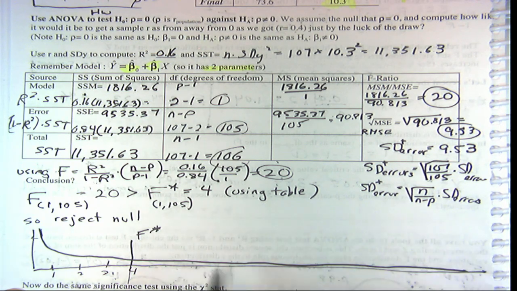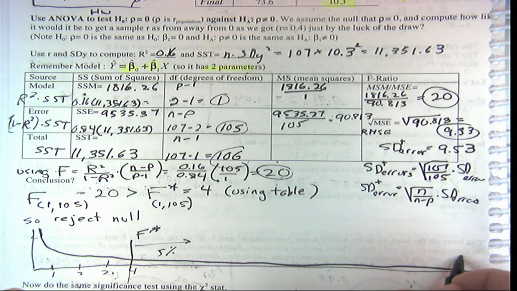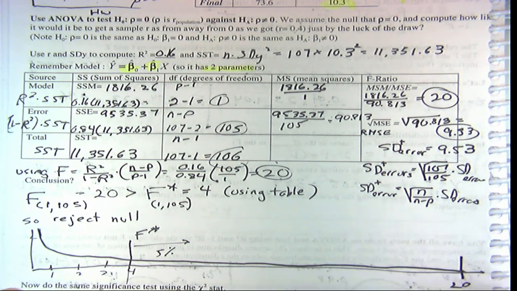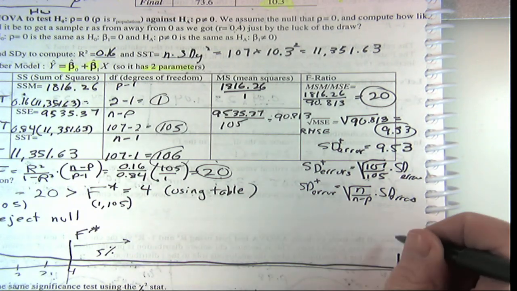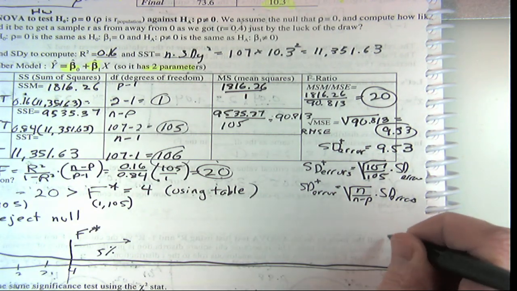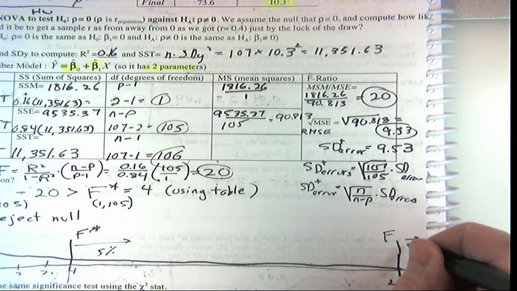Its F, which means 5% is this way. Our F is 20, which means almost 0% is this way. That's going to be a p-value that is almost 0.